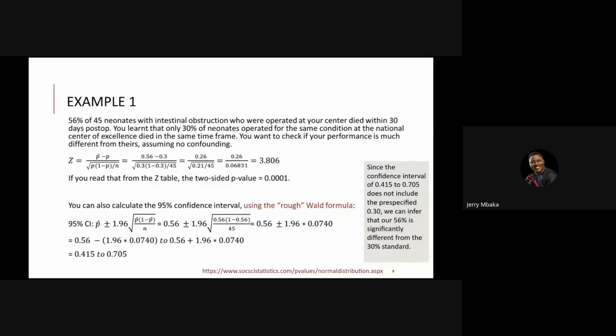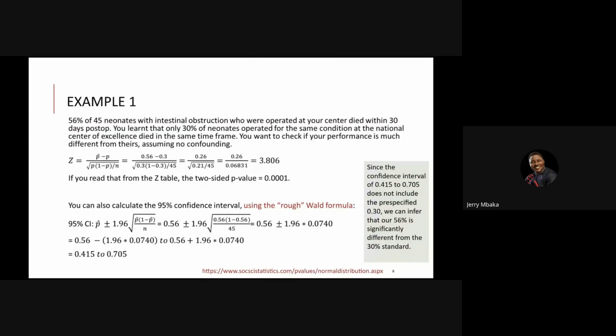Now, from what we learned, the interpretation would be that the mean systolic blood pressure in that group was 128, with a confidence interval of 122 to 129.